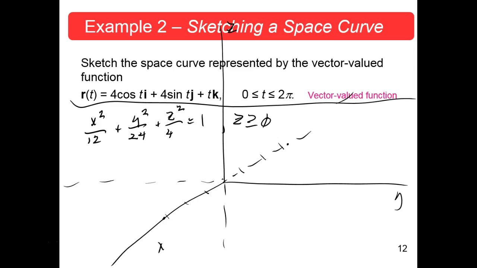The y is going to be the square root of 24, which is 2 root 6. Now root 6 is something between 2 and 3, a bit closer to 2.